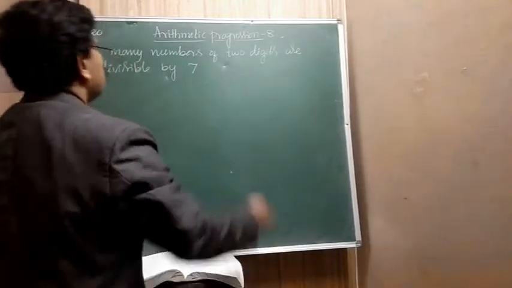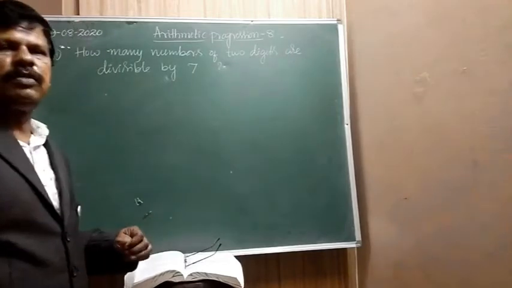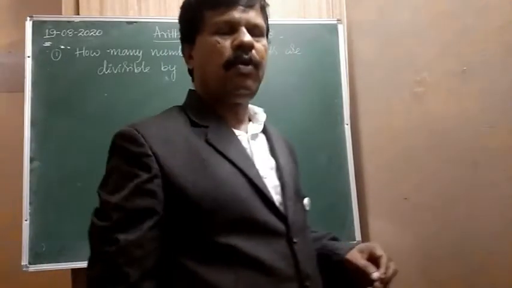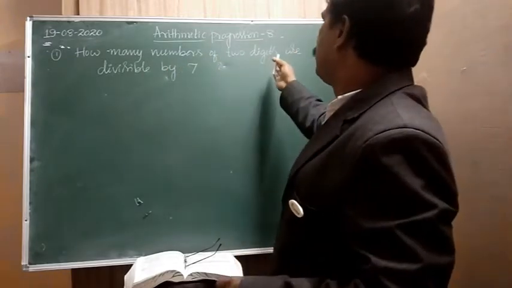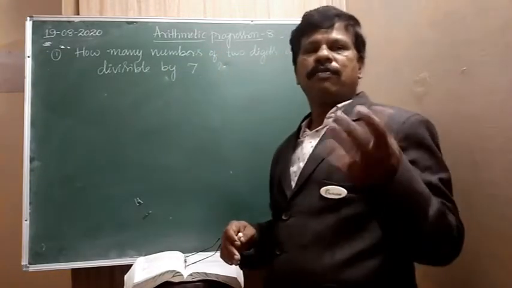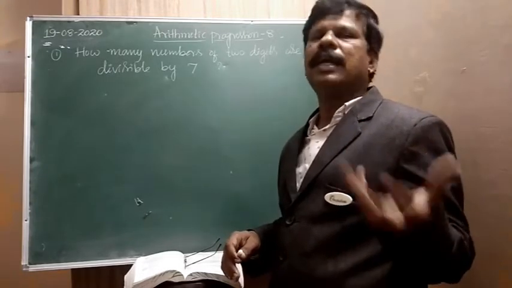Here the question may be asked in different ways, like how many numbers of 2 digits are divisible by 5, 8, 3, 6, like that.